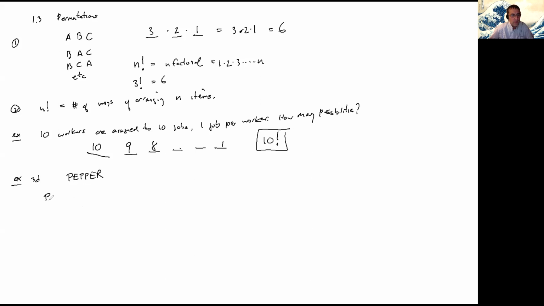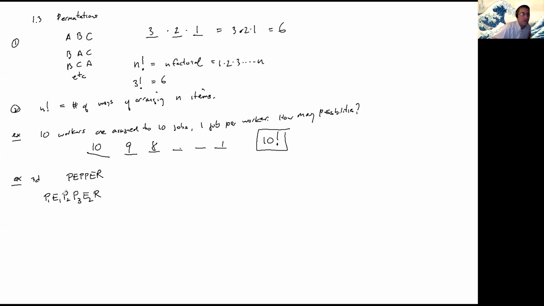We label each P with a different subscript, P1, P2, P3, and each E, E1, E2, and there's only one R, so we don't have to put a subscript next to that. Now, if we think of the P's as all different, and the two E's as different, how many ways are there of rearranging these symbols?